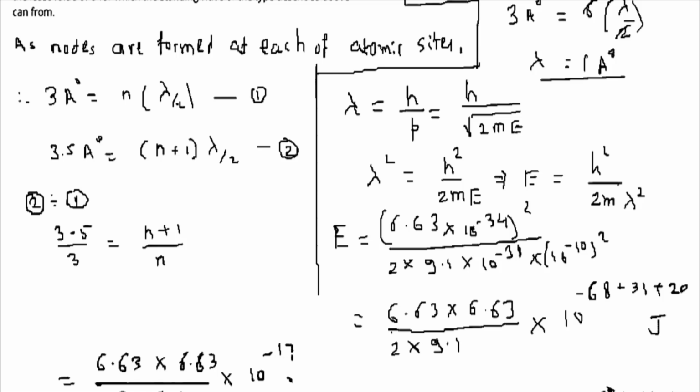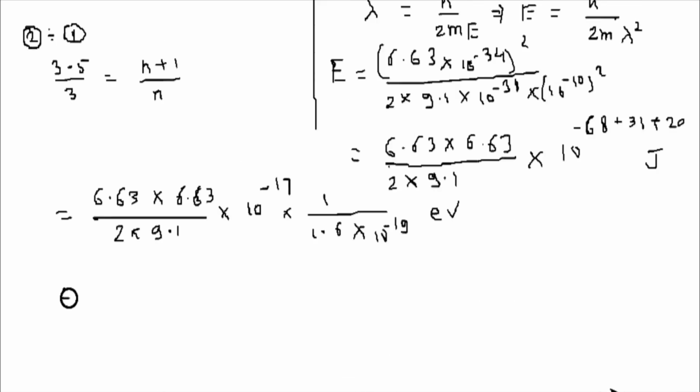We have to divide all these values by the charge of the electron, 1.6 into 10 raised to minus 19. Then the answer becomes in electron volt. If we calculate 6.63 into 6.63 divided by 2 into 9.1 into 1.6, this value becomes 1.509, and 10 raised to minus 17 over 10 raised to minus 19 becomes 10 raised to plus 2.